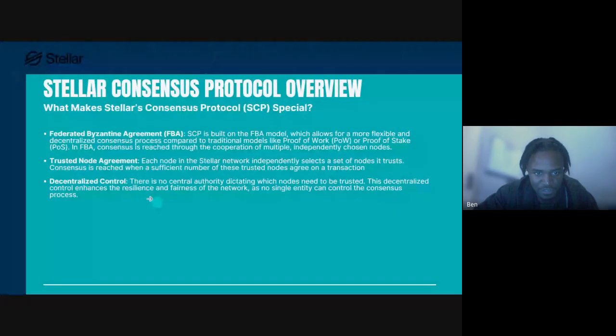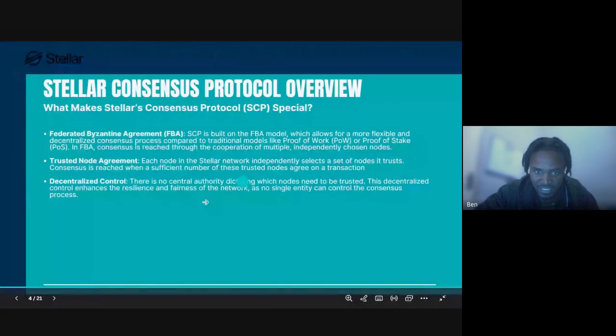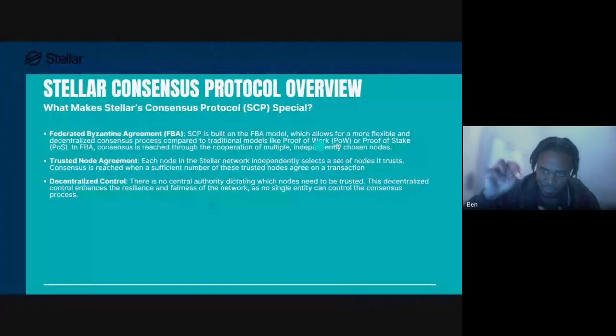Not every trusted node has to agree before the blockchain can reach consensus. You just need a select number of nodes that are selected and trusted to agree on anything, for example a transaction, for the transaction to go through.